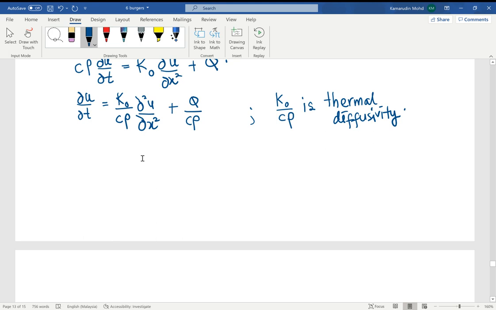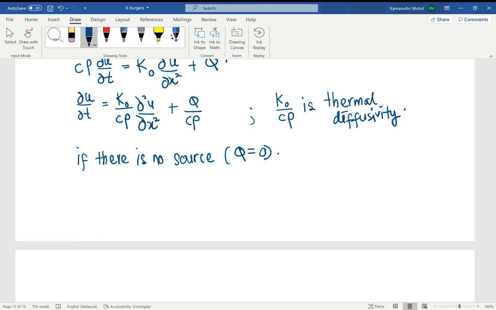So actually for our scope, we will consider if there is no source, meaning we have the term q equal to 0. Sometimes we call it no source, or we say no heat generated inside the rod, and so on. So q equal to 0.